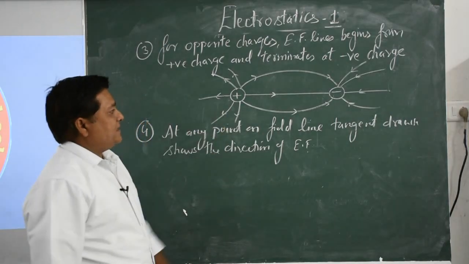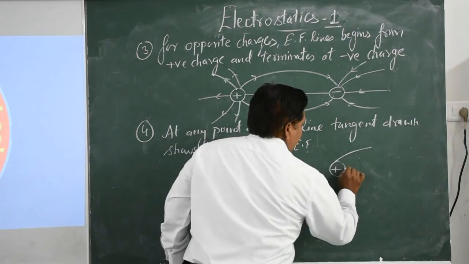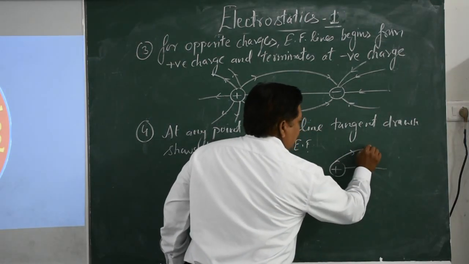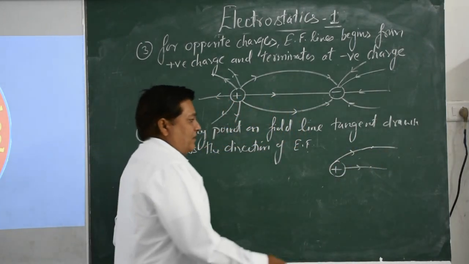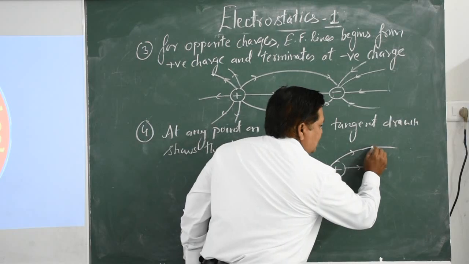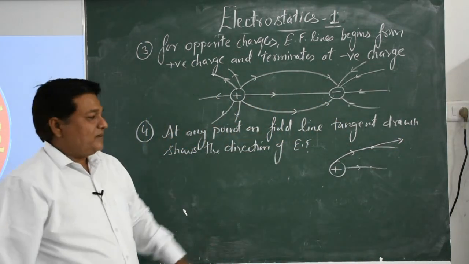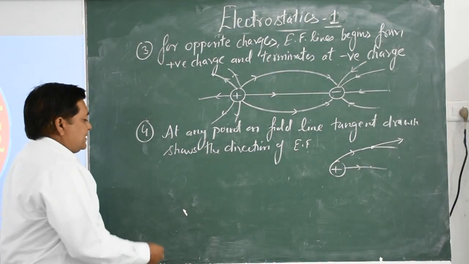Suppose that from the positive charge the line is moving outward here, and if we consider any point here on the electric field line and draw a tangent over here, this tangent will show the direction of electric field. This is the fourth property of electric field lines. Let us take the next one.